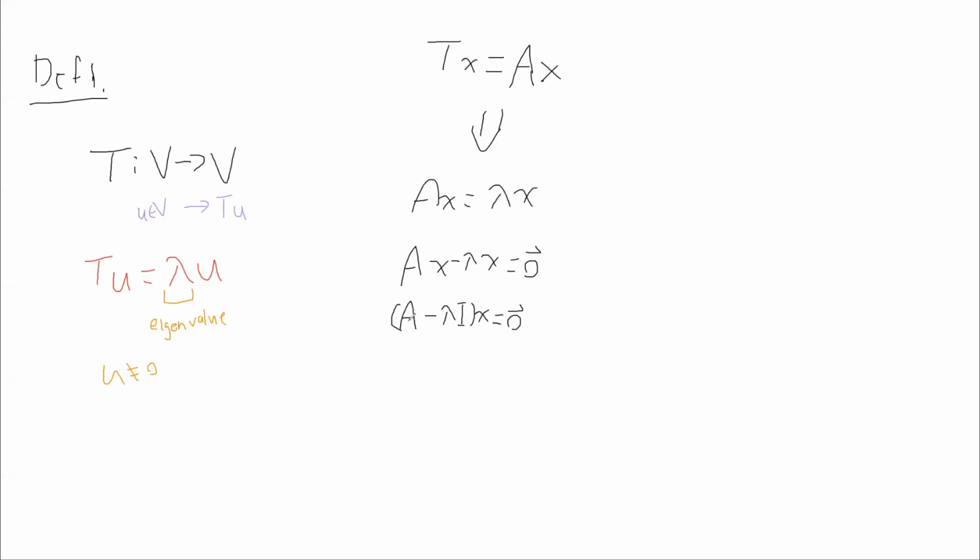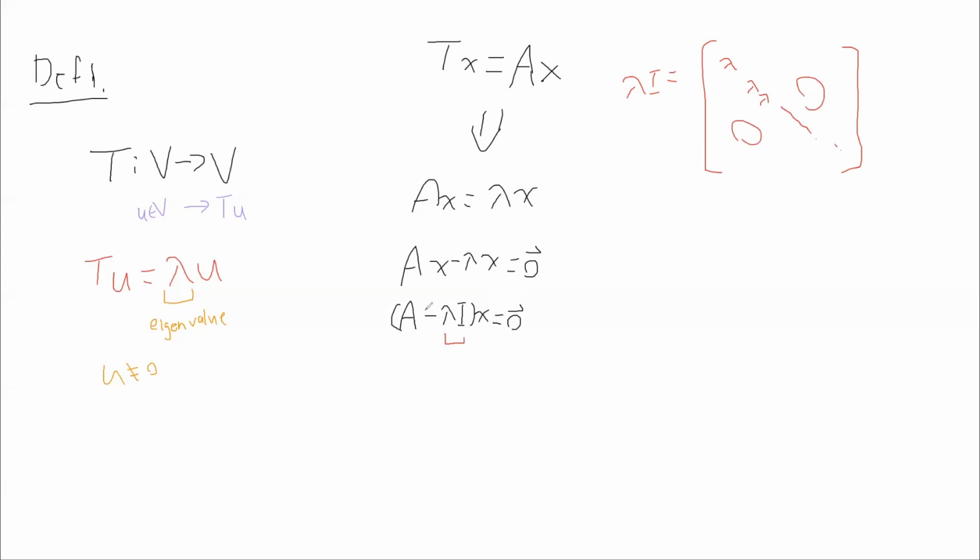Let's say A is n by n, then I is going to be n by n as well. So lambda I is basically a square matrix with lambda on the diagonal, and everything else is 0. That's what we're talking about.